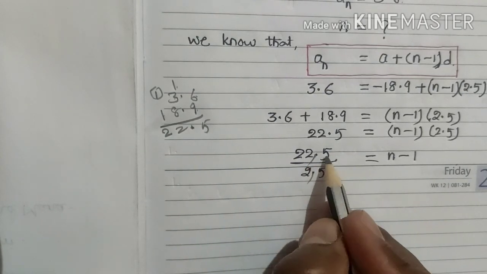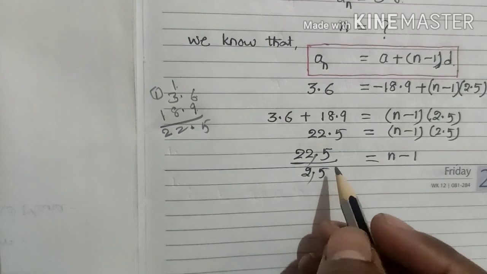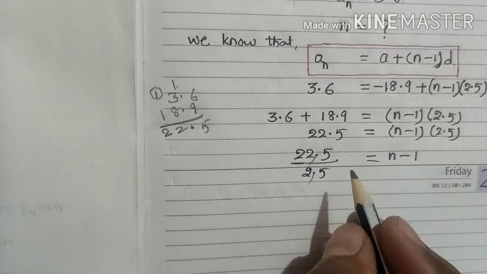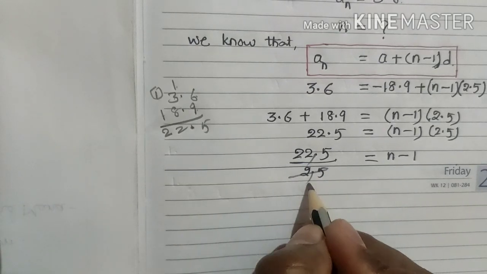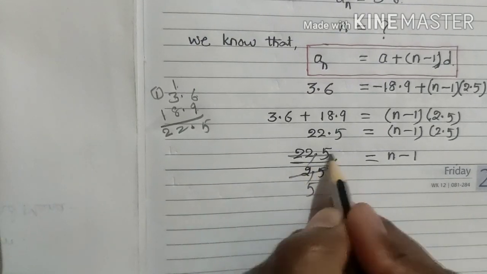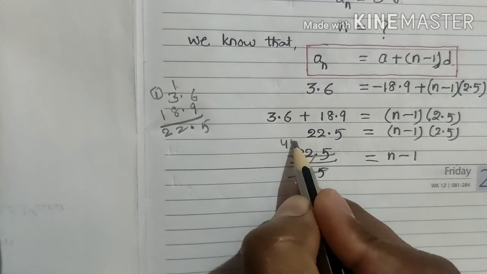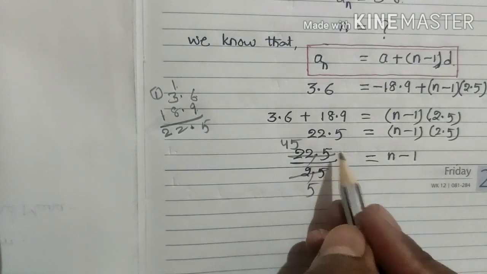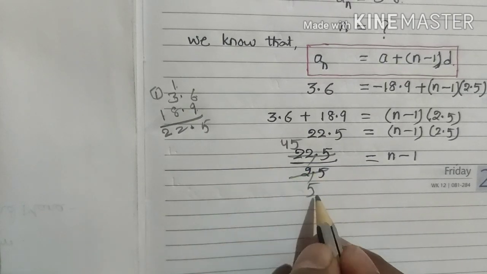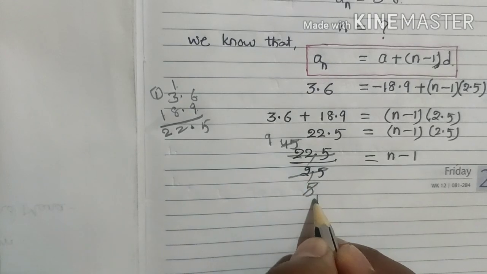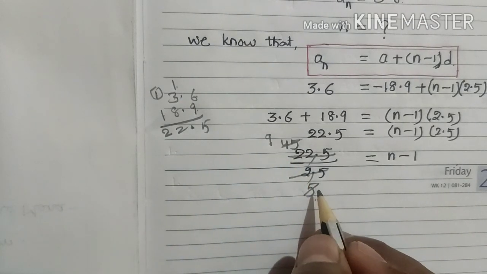So it will be 225 by 25. We can cancel with the 5 table. 5 fours are 20, 2 left, 2 fives will be 25. And this is again 5 times 25, so 45 by 5 is nothing but 5 times 9. 9 by 1 is nothing but 9 only.